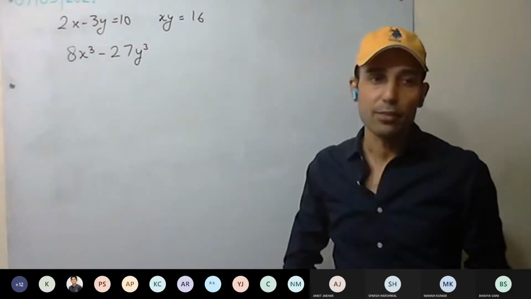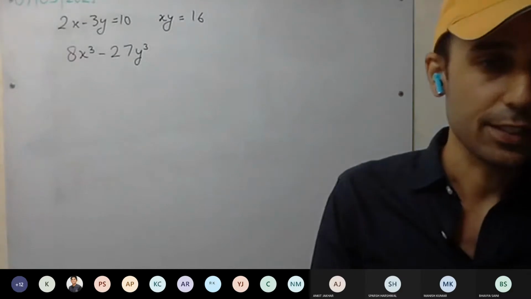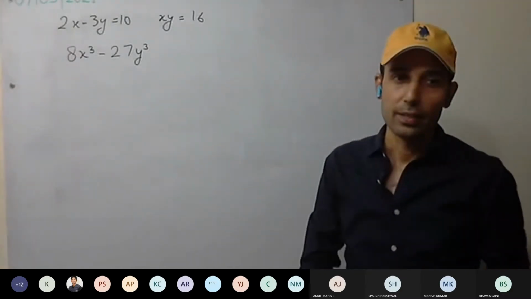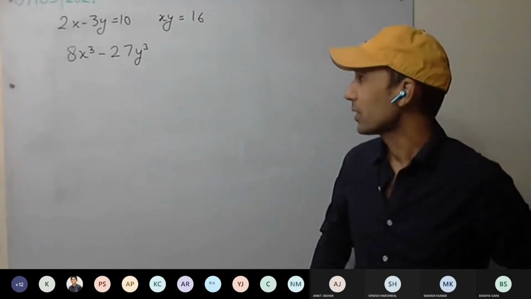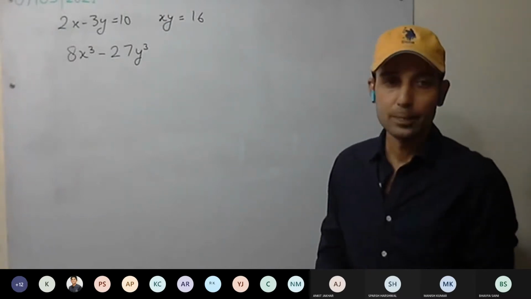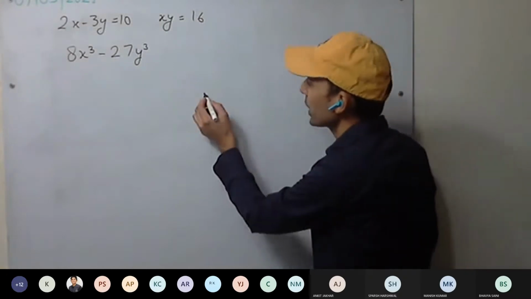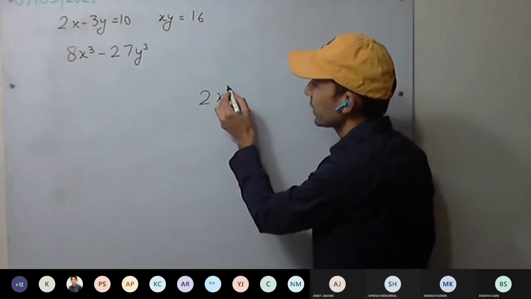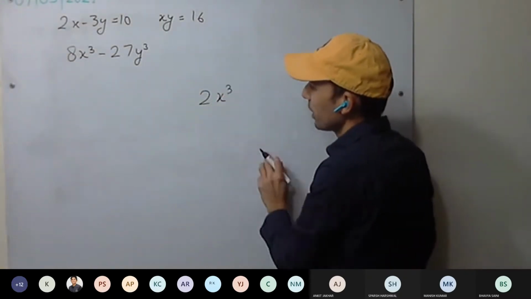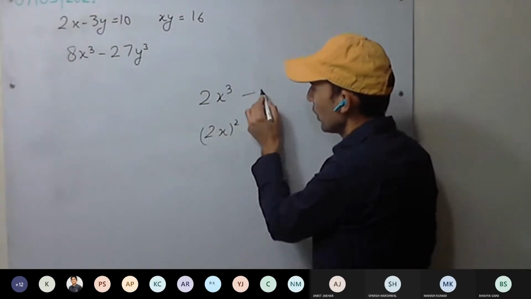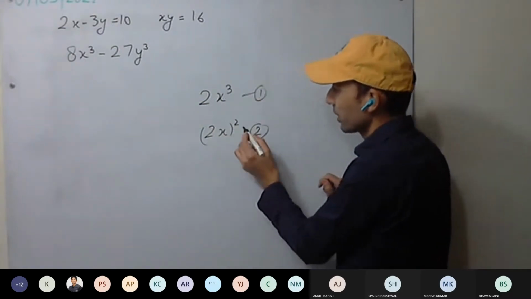Solve it. Everyone do it. You have 1 minute. Afterwards, I'll solve. Write the equation. Then I'll tell you one mistake mainly the students make. Don't make that one. If I take the cube, whether I have to write it like this or like this, first way or the second way?